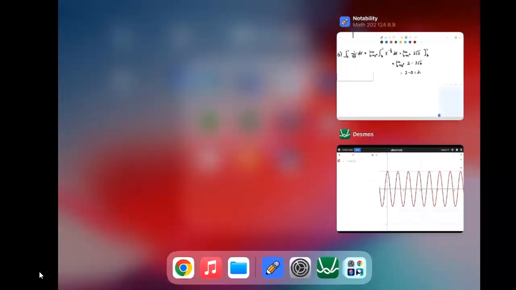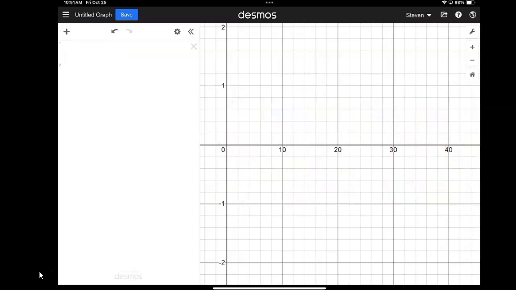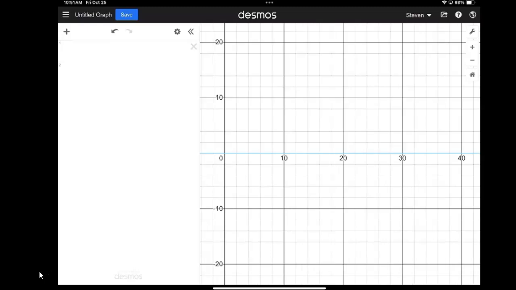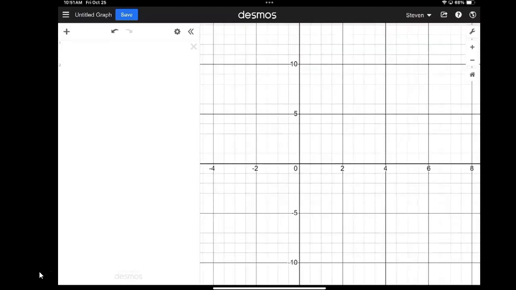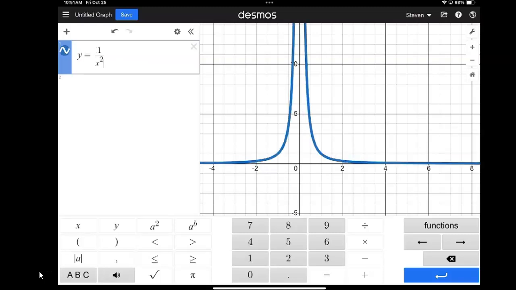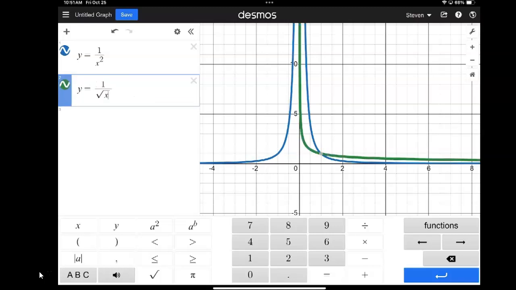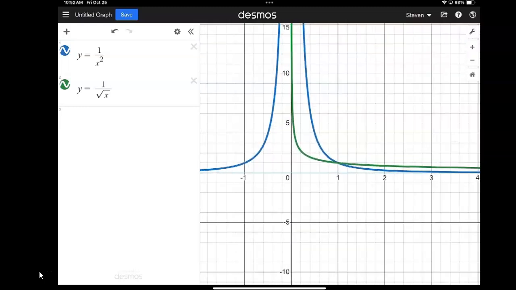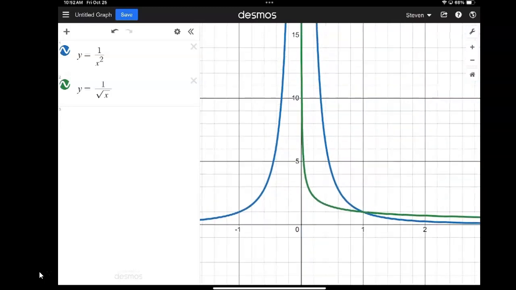So what you're seeing here is, if we go into our Desmos graph, let me go back and kind of zoom out a little bit. And if I throw in y equals 1 over x squared and y equals 1 over square root of x, I want you to notice the big difference here as we get close to 0.